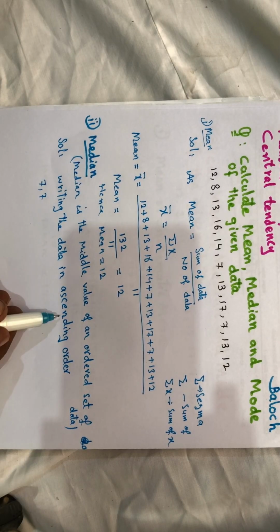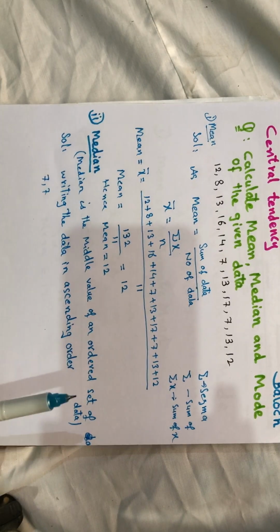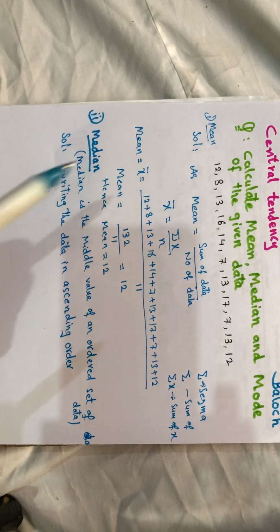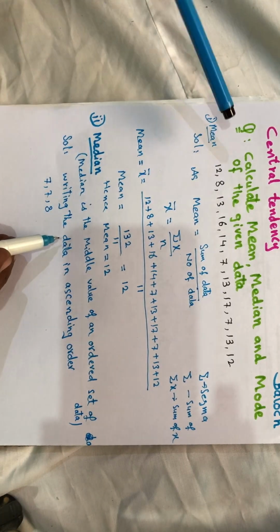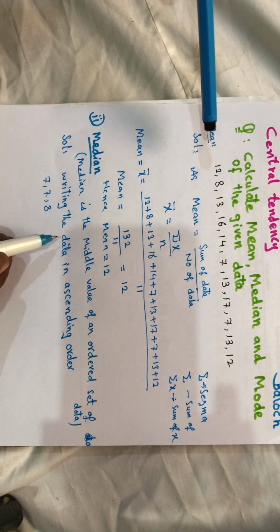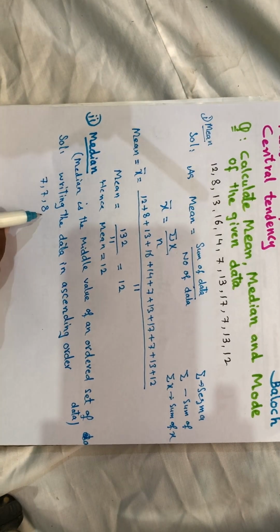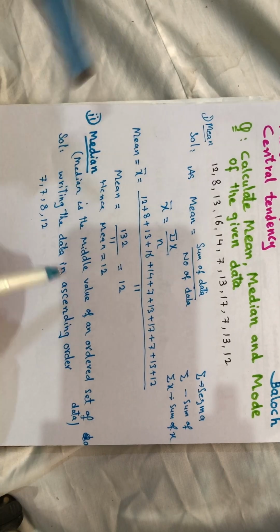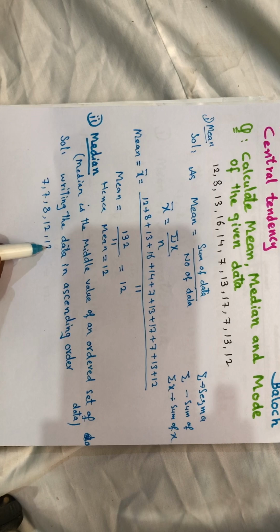That's why we can see the smallest number we have right now, 7, two 7s we have. After 7 we can see 8 is there, and further after 8 comes 12. So we are writing 12, and further we see another 12 is also there.